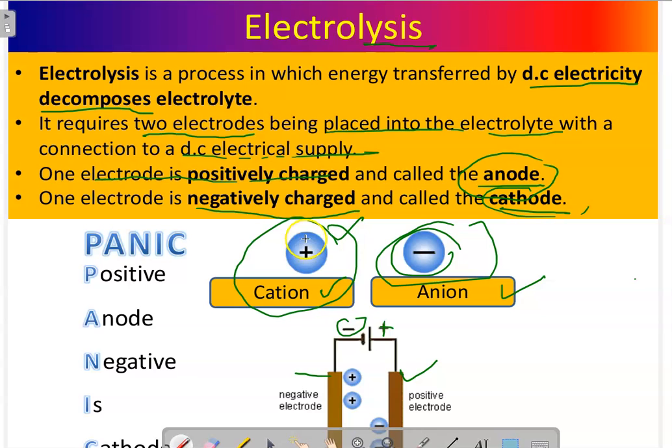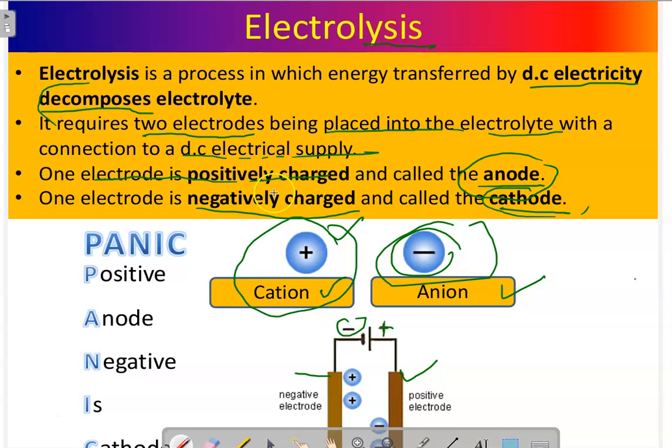Now, electrolysis, if I want to recap, is a process in which energy transferred by electricity or DC decomposes, in order to break up, an electrolyte. To do that, you place two electrodes into the electrolyte and connect them to a DC.